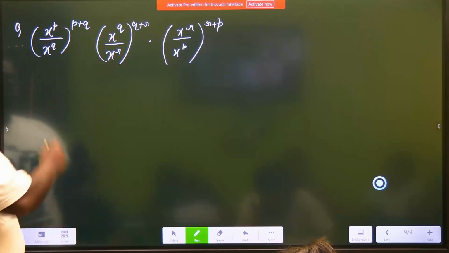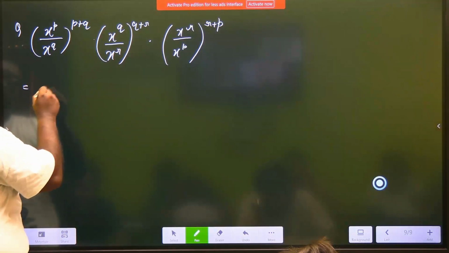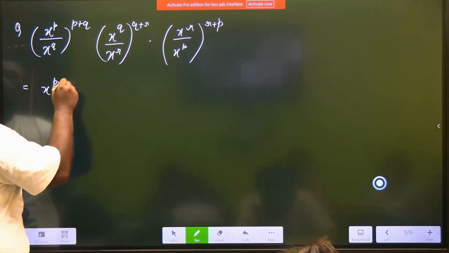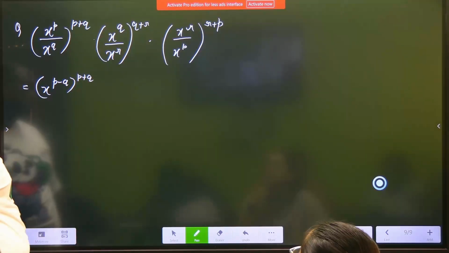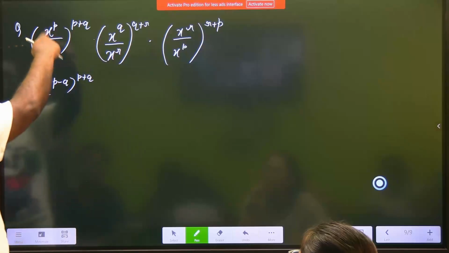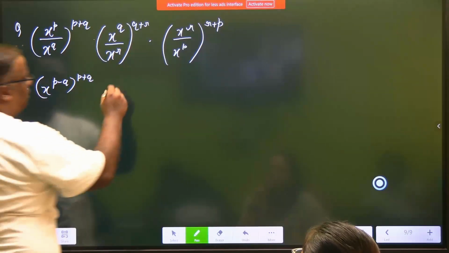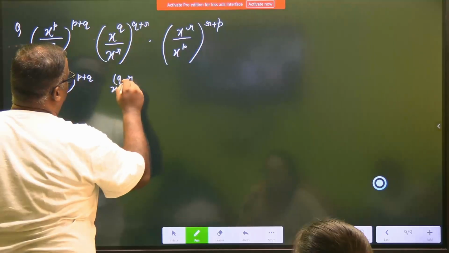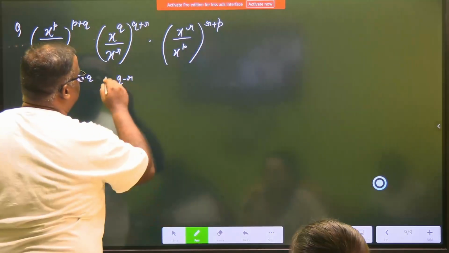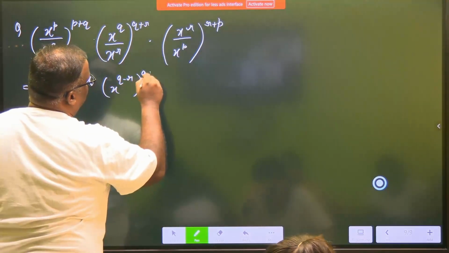So here we will use the division rule. This becomes x to the power p minus q to the power p plus q. This becomes x to the power q minus r to the power q plus r.